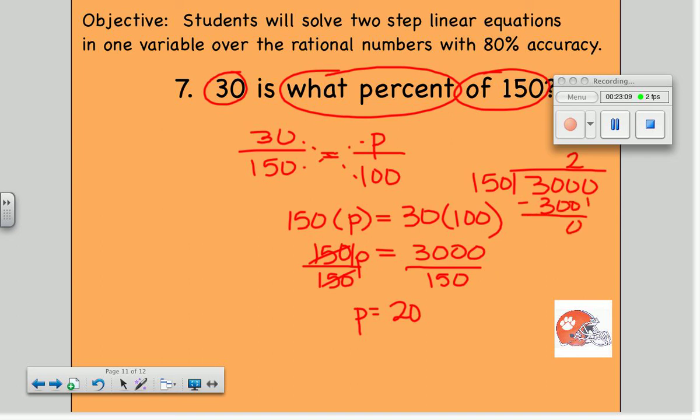Bring down the 0, 0. So what does that mean? 30 is 20 over 100 or 20% of 150. And again, write your own scenario.